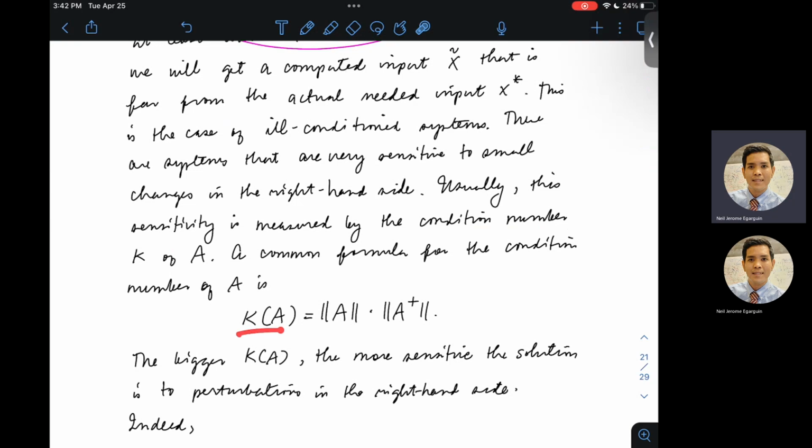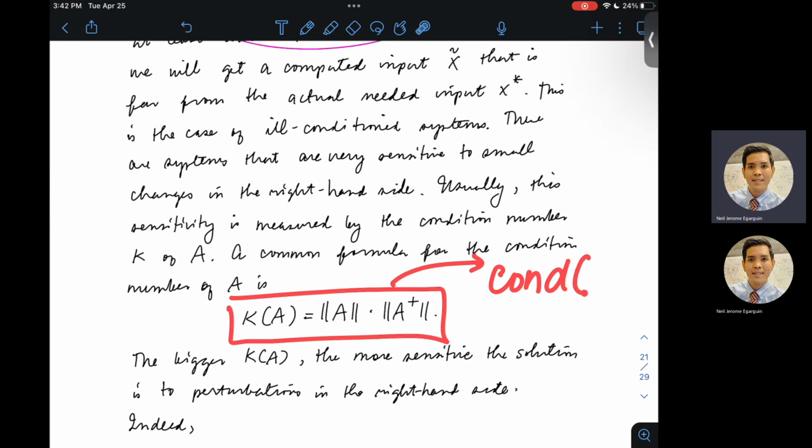The condition number kappa of the matrix A is the norm of the matrix A times the norm of its pseudo inverse. So in MATLAB, you can write cond of your matrix A. If you have a matrix A already defined in MATLAB, just type in cond of A, and it will give you the condition number.